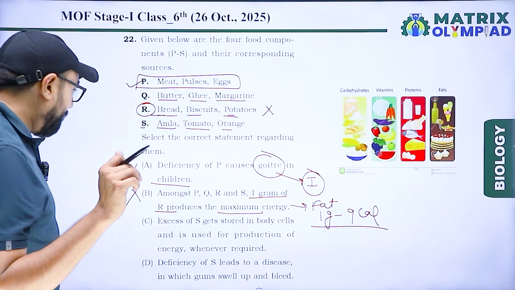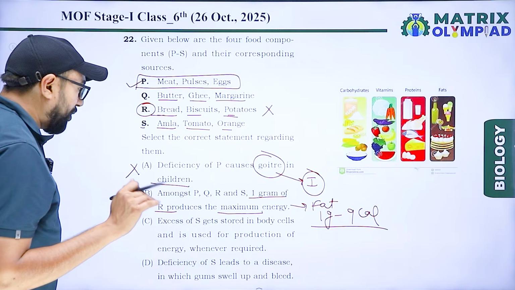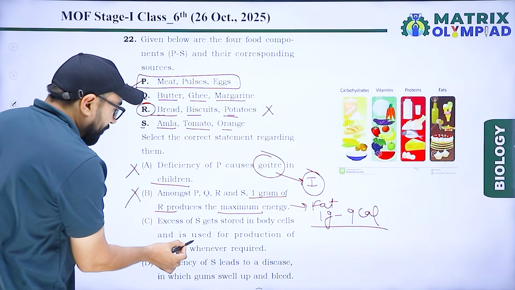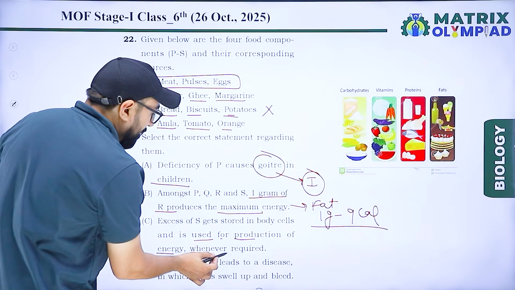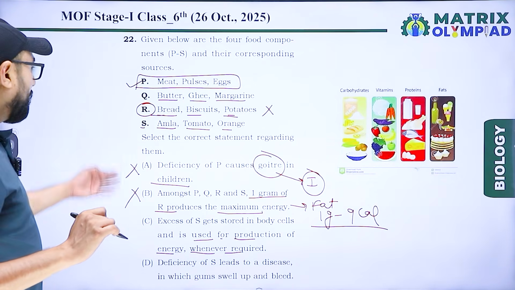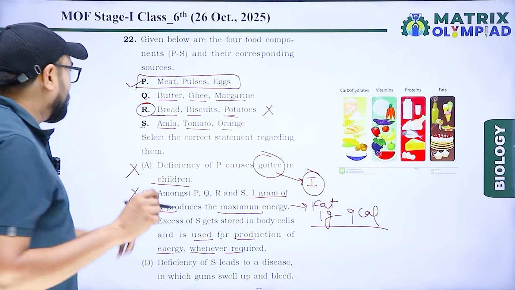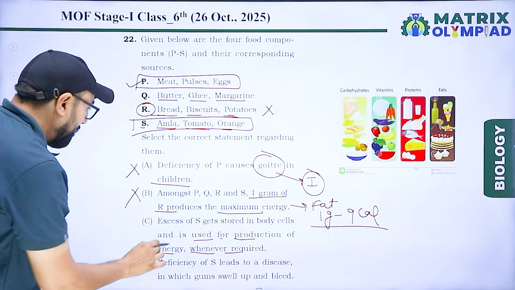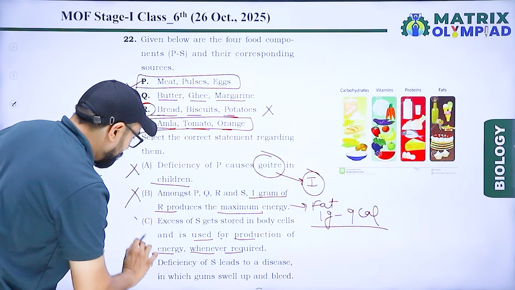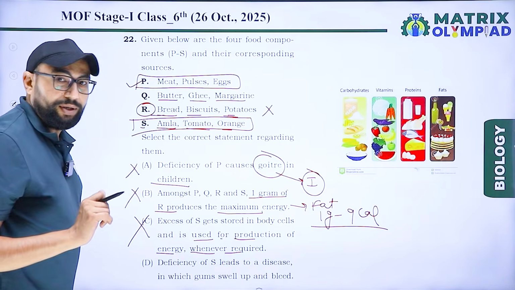Option C: excess of S gets stored in body cells and is used for production of energy whenever required. This is S, amla, but vitamin C is not stored. So option C is wrong.